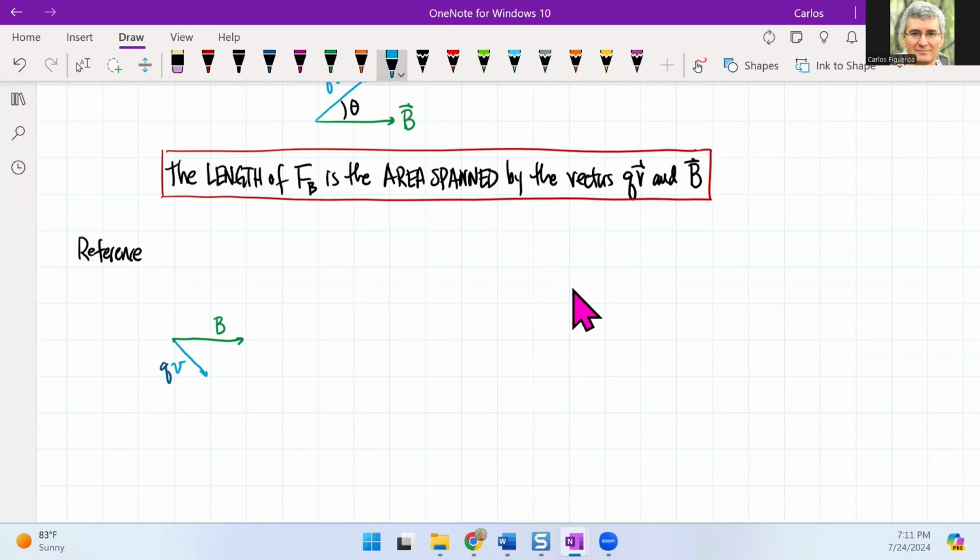Even though that angle does not look like it's 90 degrees, I'm going to say that it is. If I look at the parallelogram rule, I'm going to get something like this.